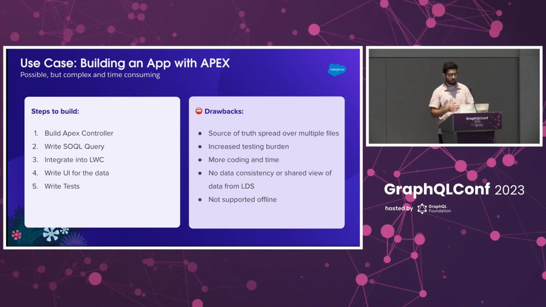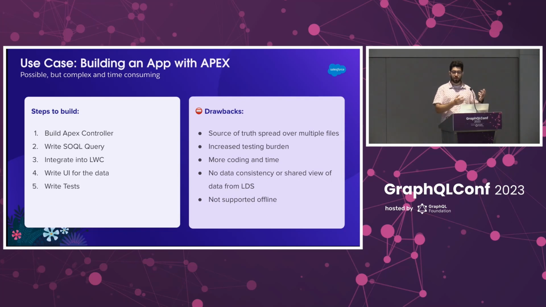So as I said before, kind of one of the problems that we had was, let's say you have a Lightning Web component and you want to get data for that component. Before we had the GraphQL wire adapter, you would have had to build an Apex controller, write a SOQL query, and again, this is if you didn't know the IDs for the records that you wanted to retrieve. If you knew the IDs, you could use our user interface API, which we have wire adapters for as well.